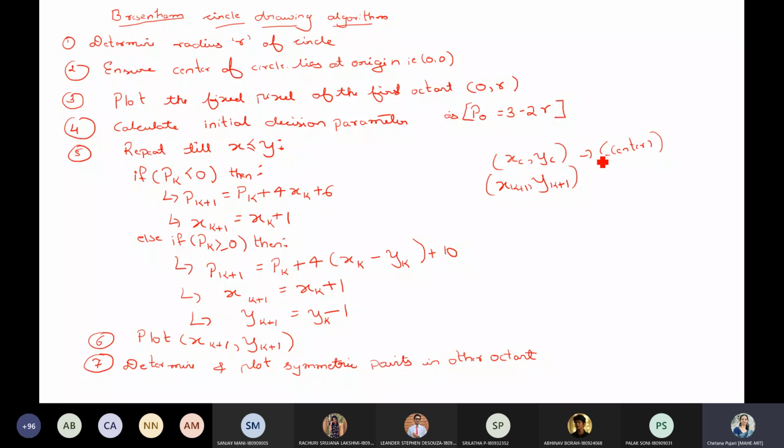And if the center is other than 0, 0, then after calculating this, you have to make these changes: xk plus 1 plus xc and yk plus 1 plus yc. These changes need to be done. So let's consider one example.